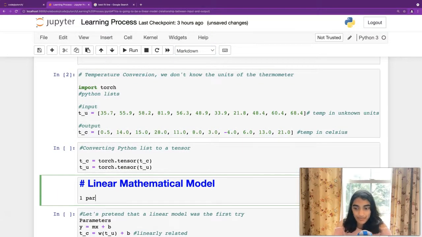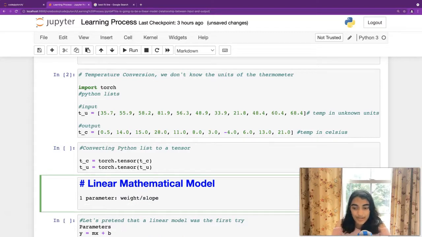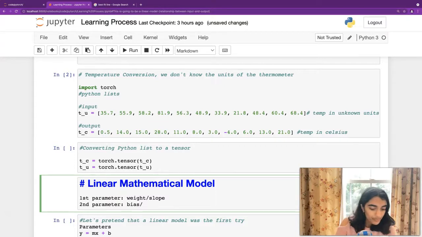One parameter is the weight or slope. The second one is our bias. Okay, so this is our y-intercept.